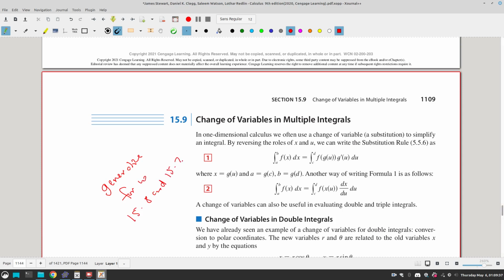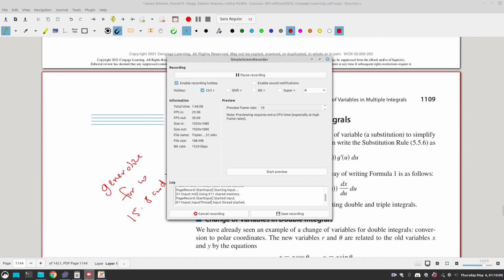Remember in 15.7 we changed to cylindrical coordinates, and in 15.8 we changed to spherical coordinates. So we want a formula that will help us change to any coordinate system, and for that we will be using something called a Jacobian determinant, and that is going to be your last lecture.